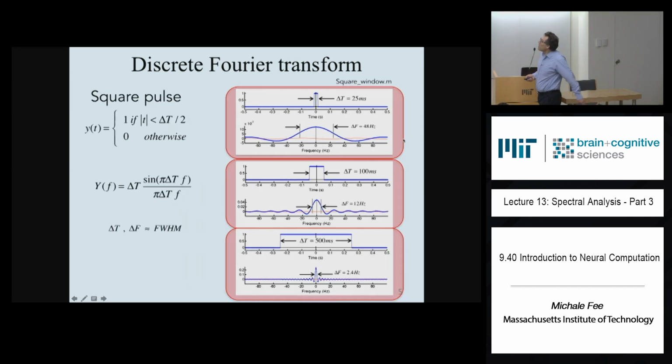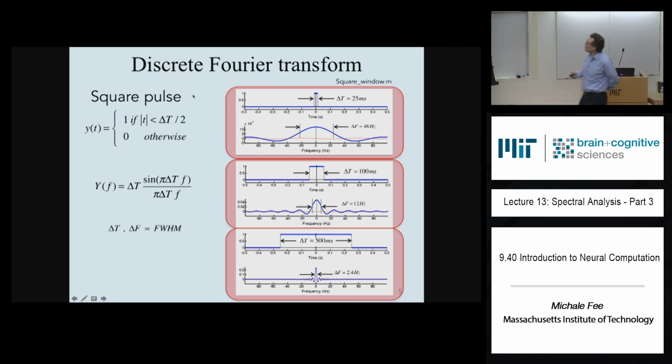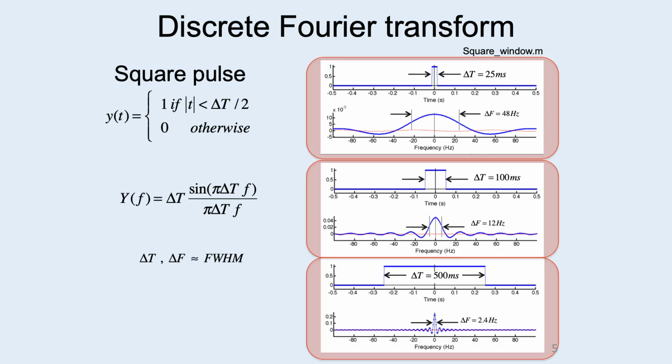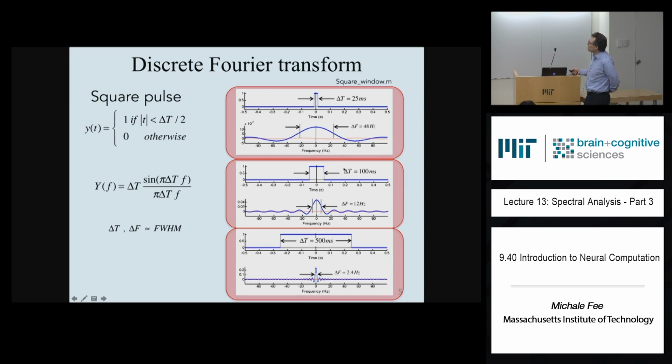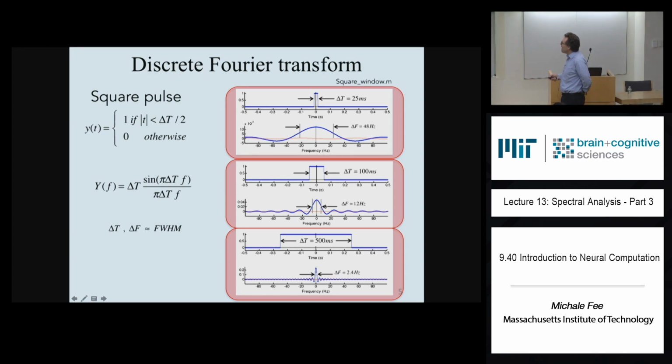We also talked about some Fourier transforms of different kinds of functions. This is the Fourier transform of a square pulse. Here I showed you a square pulse that has a width of 100 milliseconds. The Fourier transform is this sinc function, and for a square pulse of width 100 milliseconds, the sinc function has a full width at half height of 12 hertz.